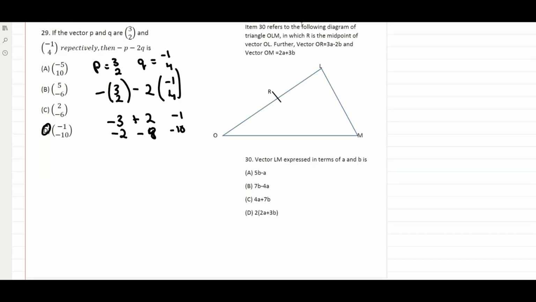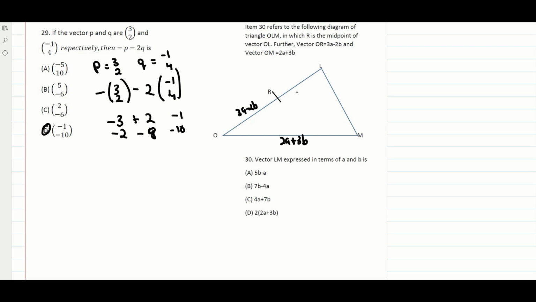This one here, let's read it. Item 30 refers to the following diagram: OLM, in which R is the midpoint of OL, vector OR, right? This is 3A minus 2B, and vector OM is 2A plus 3B.